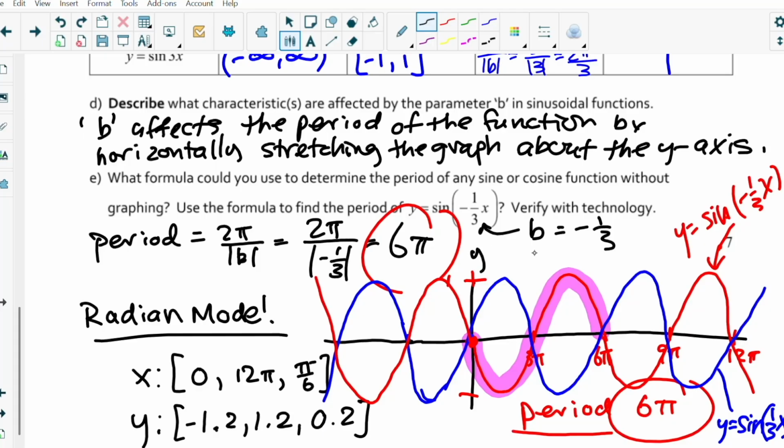Remember, this is the y-axis here. So if you reflect this blue graph across the y-axis, you'll see that it neatly overlays onto the red graph and vice versa because they're reflections of each other.